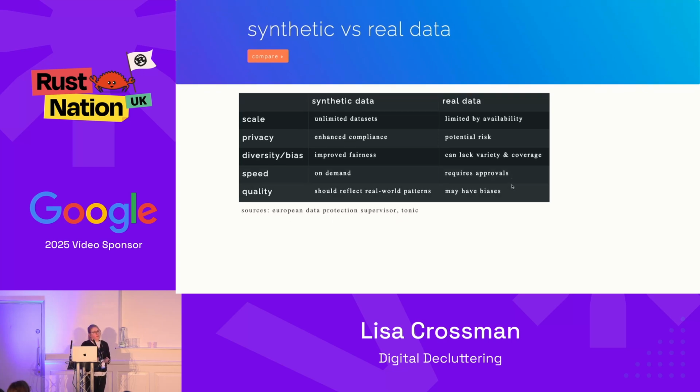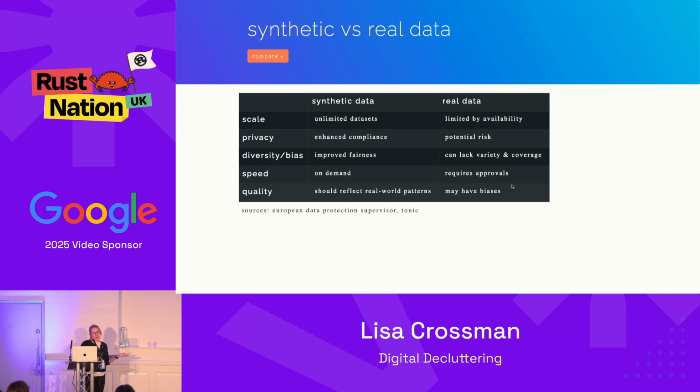So in terms of synthetic versus real data then, in terms of the scale, with the synthetic data, you can have unlimited data sets or limited by your compute processing, whereas the real data is going to be limited by its availability and how you can collect it and cost.